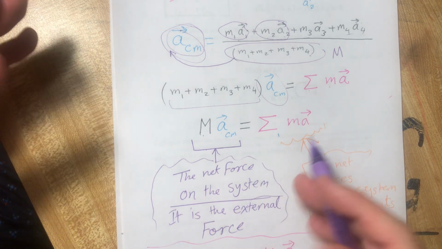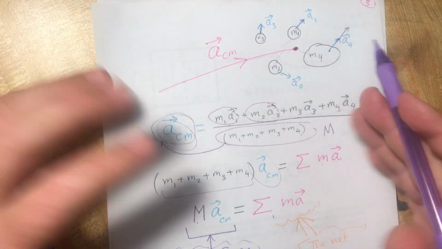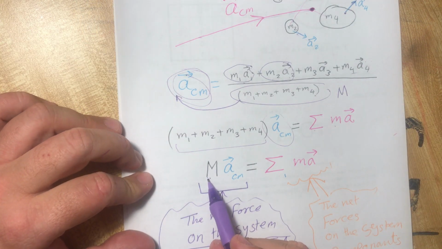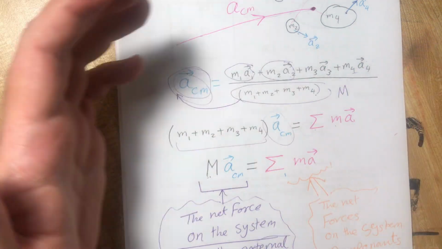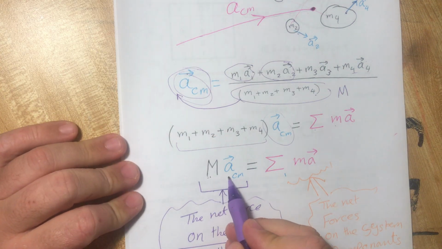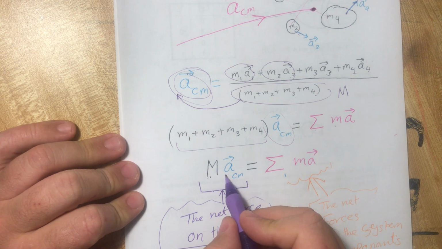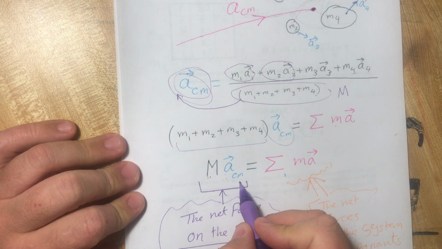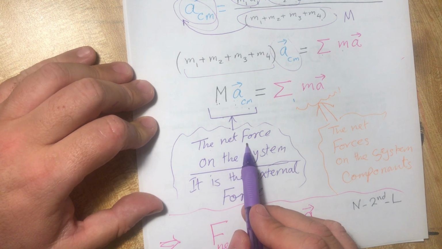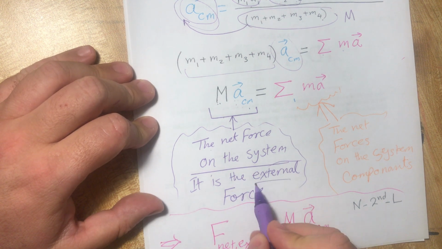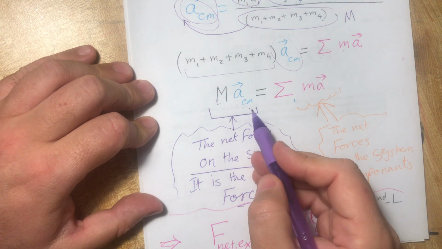We assume that all of the system masses are combined in just one m capital, and all of this m capital is accelerated with one acceleration value, which is the center of mass acceleration. This we can call the net force, which is the net external force on the system.